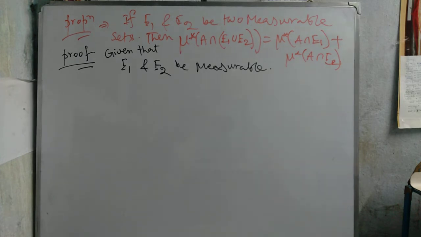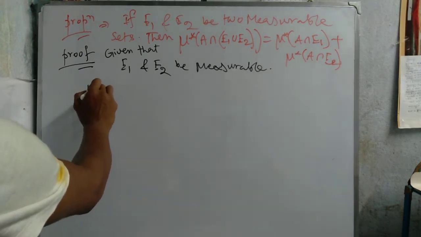We start now. Here E1 and E2 are two measurable sets. Then obviously mu star of A intersection (E1 union E2) equals mu star of A intersection E1 plus mu star of A intersection E2. How do we prove it? First, what is given? Given that E1 and E2 are measurable.